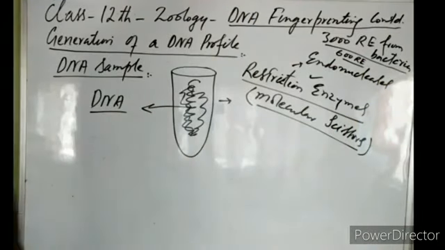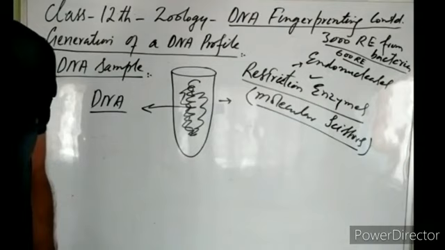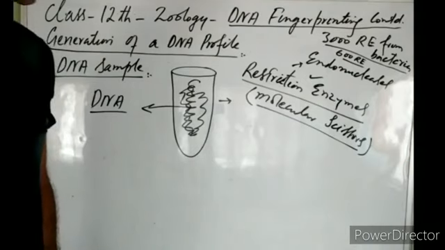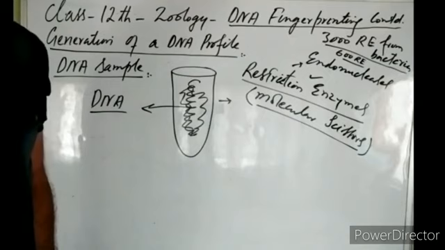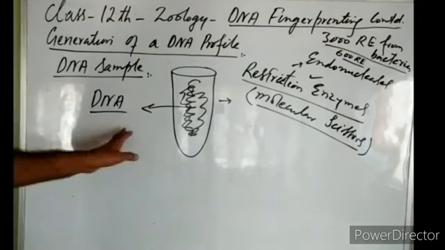They are sold to different laboratories, which use them for DNA fingerprinting, right? So far, 3,000 restriction enzymes have been obtained from different strains of bacteria, and 600 such restriction enzymes are commercially available. They are used by the labs for cutting this DNA, right?